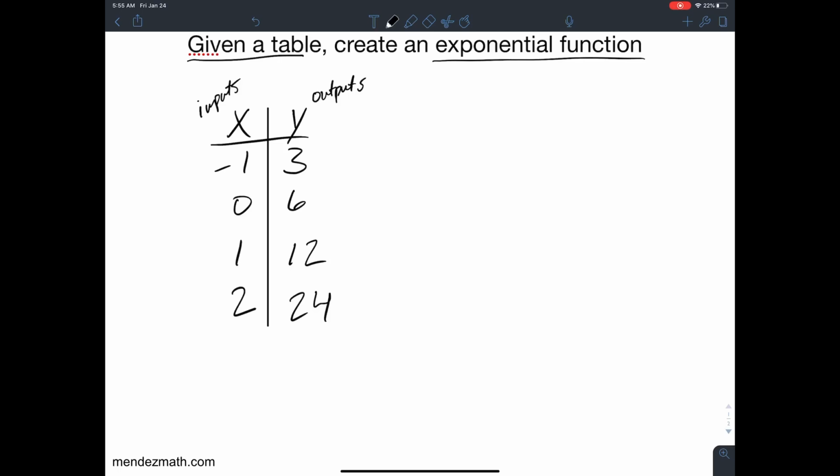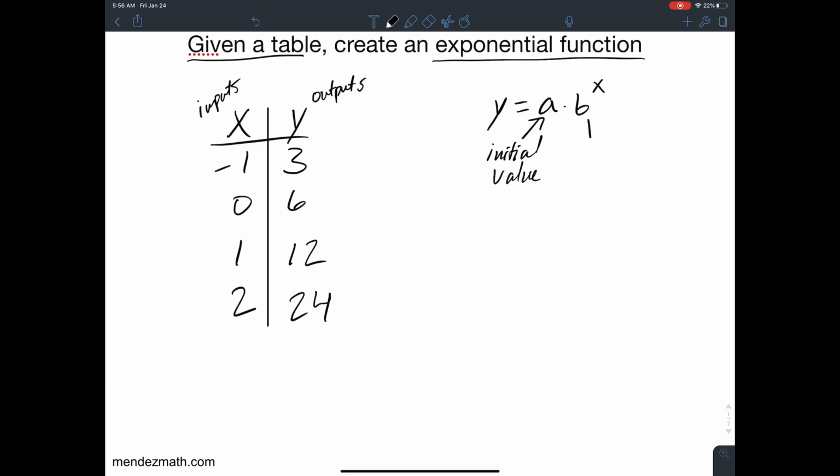We're going to go ahead and start with the standard form of an exponential function, which is y equals a times b to the x. Okay, where a is our initial value. That's the value of the function that we start with.